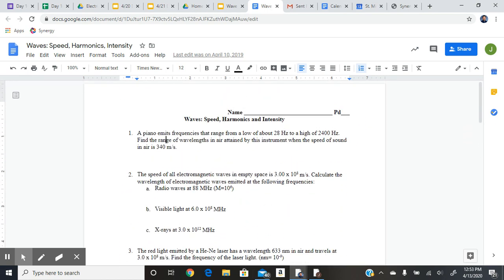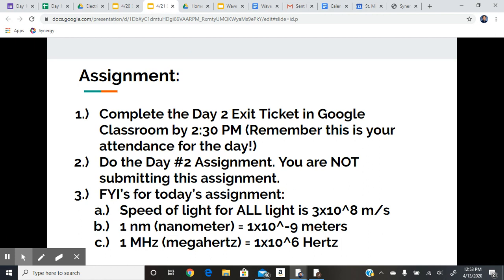A few things to note about today's assignment is that the speed of light for all light, so when we're talking about light, it's any kind of electromagnetic radiation, whether it be visible light, radio waves, microwaves, UV light, any kind of light travels at 3 times 10 to the 8th meters per second.